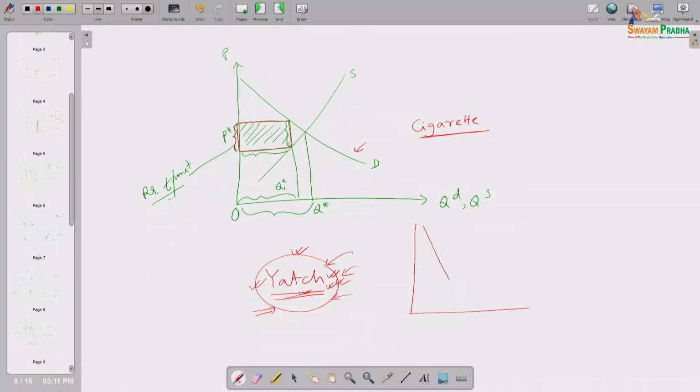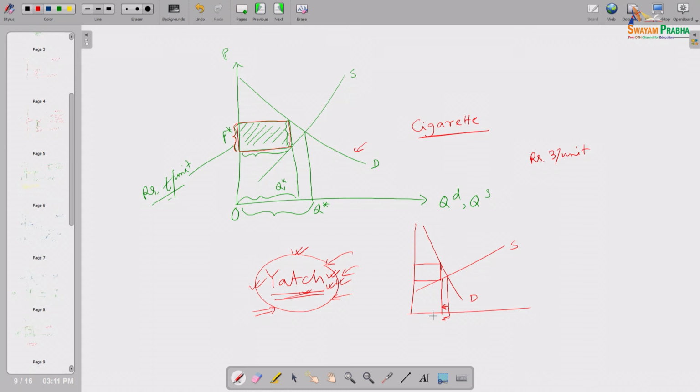Another side of the story is that if this is the demand curve and suppose this is the supply curve, in that case, if the government imposes, say, rupees 3 per unit tax, look at the vertical distance, this is rupees 3. So, the government can get revenue, because the reduction in the consumption, the overall transaction in the market after the imposition of the tax, will not fall that much.